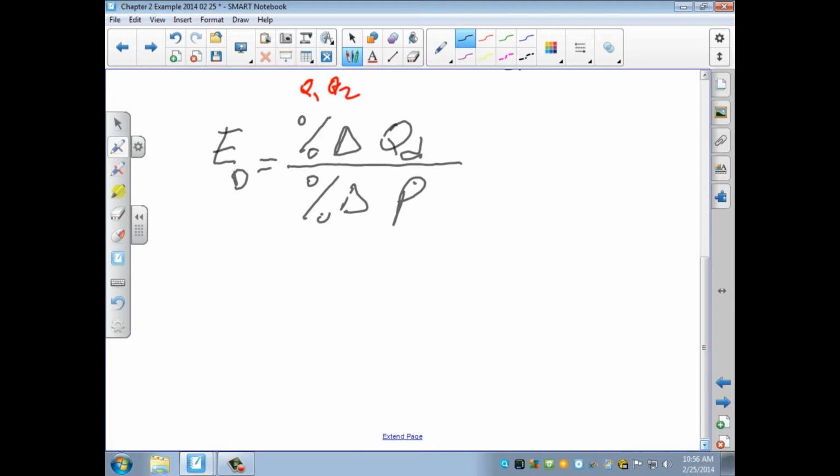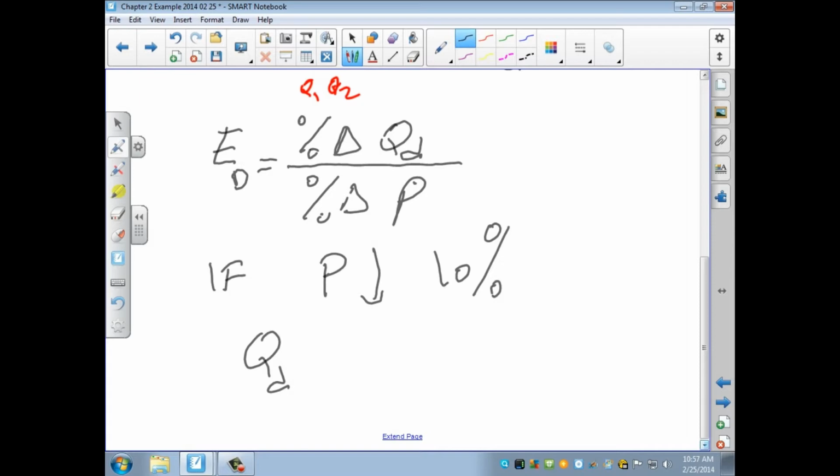So for example, if price goes down by 10%, what would happen to quantity demanded? Okay?